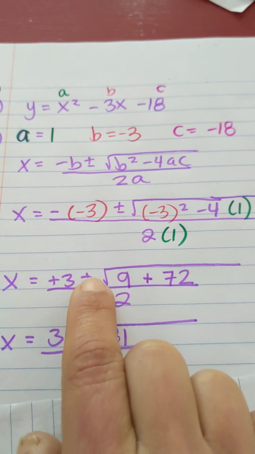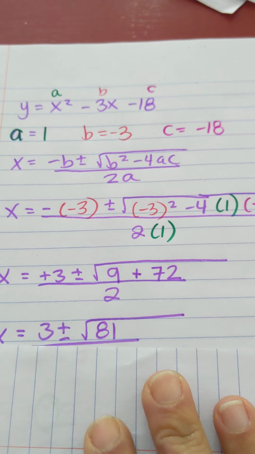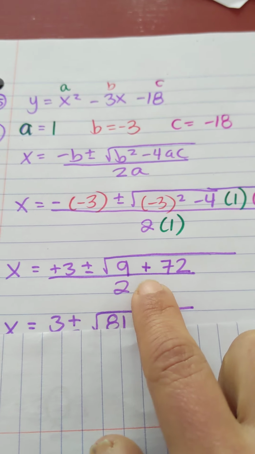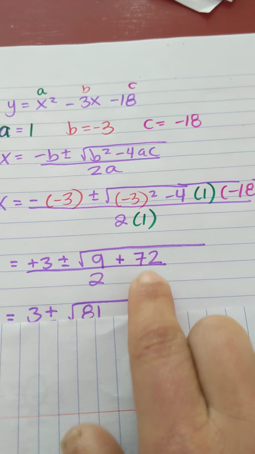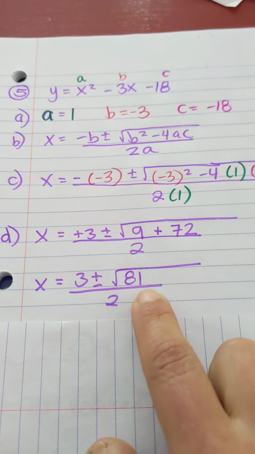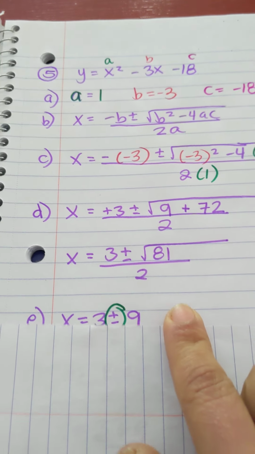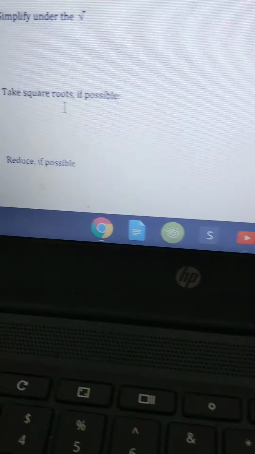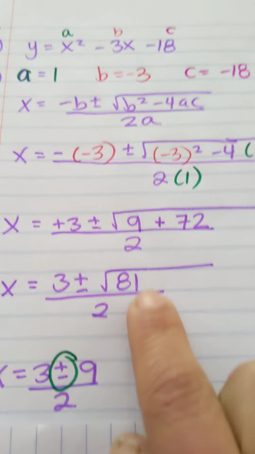So positive 3 plus or minus the square root of 9 plus 72 over 2. Well, 9 plus 72 is 81. And then the square root of 81 is, oh, sorry, that's part E. E, take square roots if possible. So E, the square root of 81 is 9.